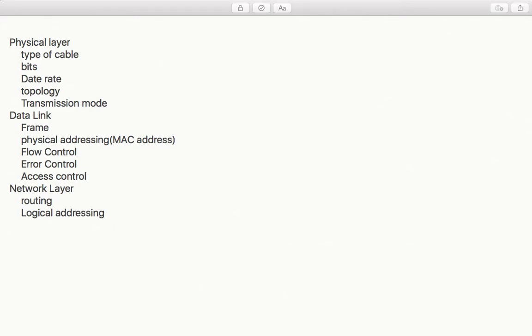That is what routing means. The second thing is logical addressing. As I said earlier, in the data link layer every system has an address called a physical address, which is your Ethernet card address or NIC address, which never changes. That is fixed, and is written in hexadecimal notation.